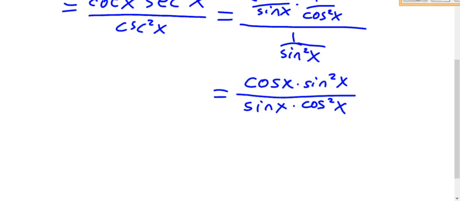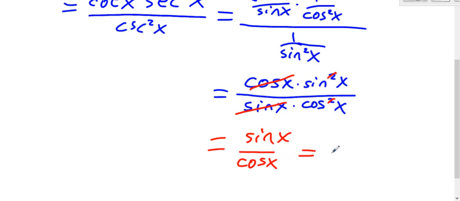Now you can cancel. One of the sines on top cancels with the sine in the denominator. The cosine in the numerator cancels one of those cosines. So that is sine over cosine, which is tangent.